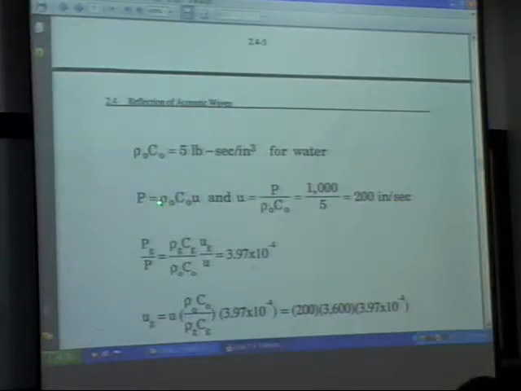For the incident shock wave dynamic pressure, because we know the pressure is 1000, then you have 200 inch per second. Then what do you expect U prime to be? About the same, right?